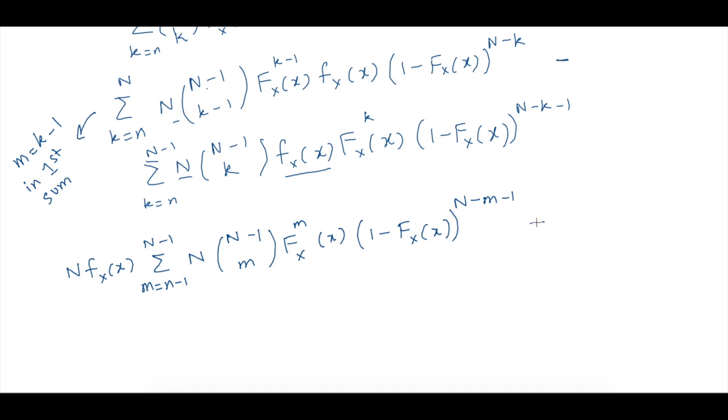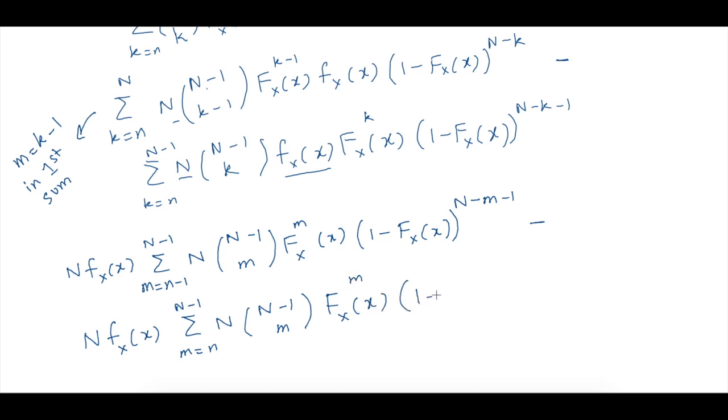Okay, minus, then again f of x, this is the sum over m equal to n to n minus 1, then we have n here, n minus 1 choose m here, then F(x)^m here, and then (1 minus F(x))^(n minus m minus 1) here.